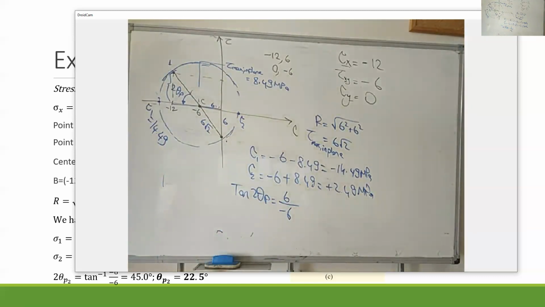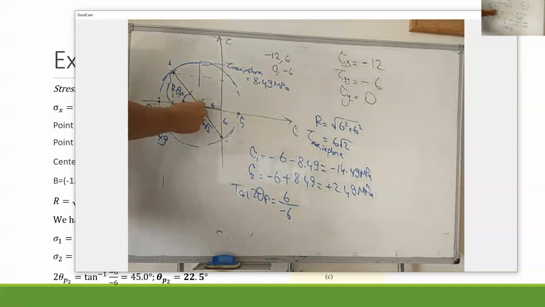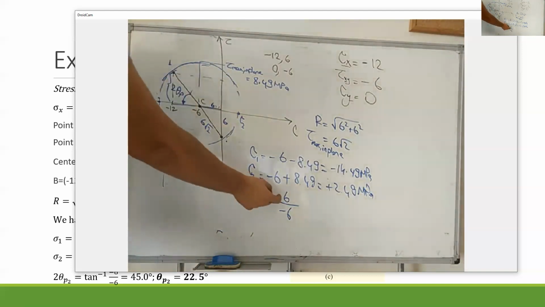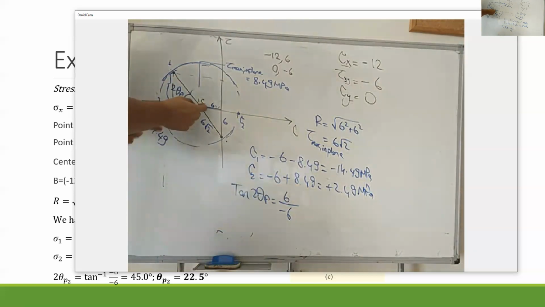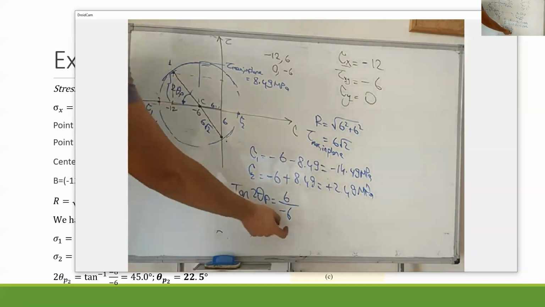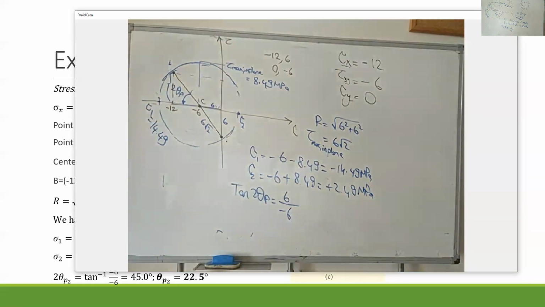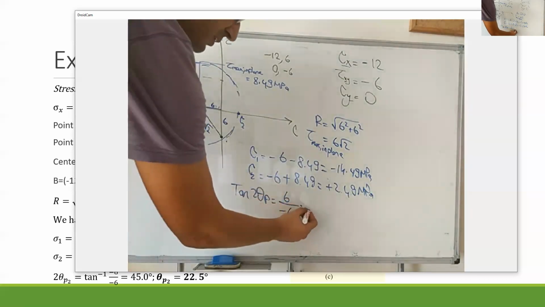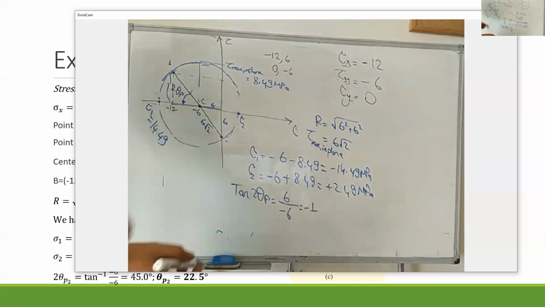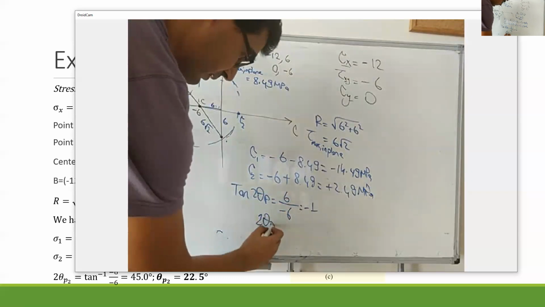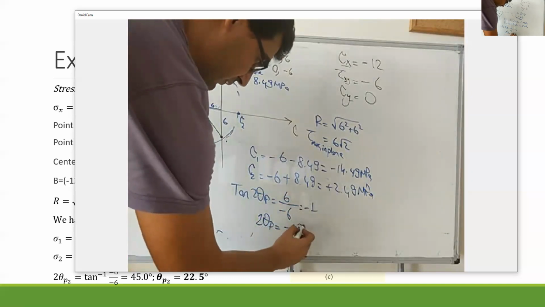It's actually important. I'm going from C to here, going outside, therefore I write positive. I'm going in the negative x direction, therefore I write negative. You can see this is -1, and -1 means that when tangent 2 theta p is -1, 2 theta p is equal to -45 degrees.